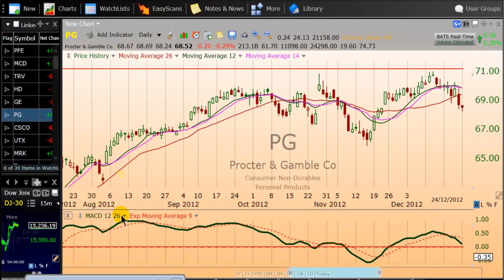Because the fundamental or the true value of this stock, Procter and Gamble, was also increasing when the MACD was deviating away from the moving average 26.